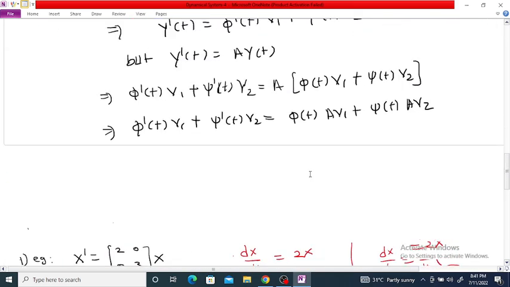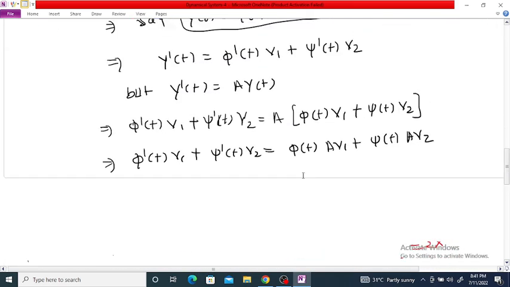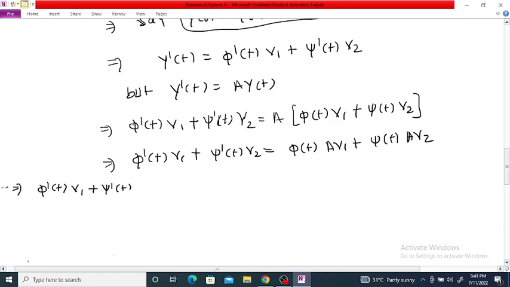So if we substitute this value here, then this implies phi dash t v1 plus psi dash t v2 is equal to phi of t lambda 1 v1 plus psi of t lambda 2 v2.